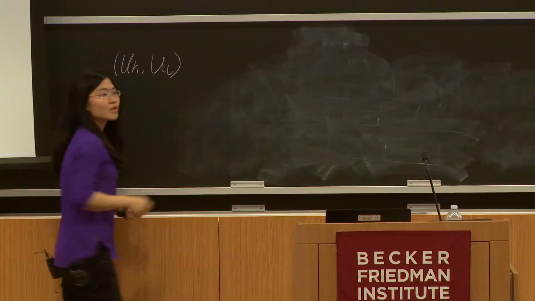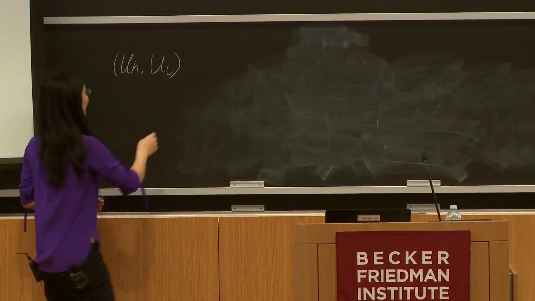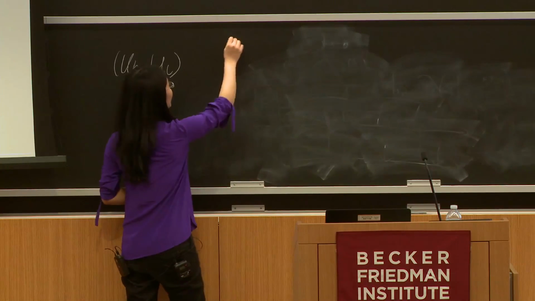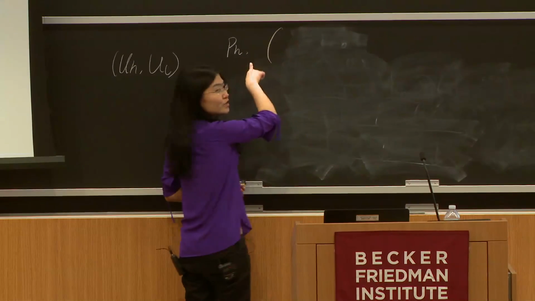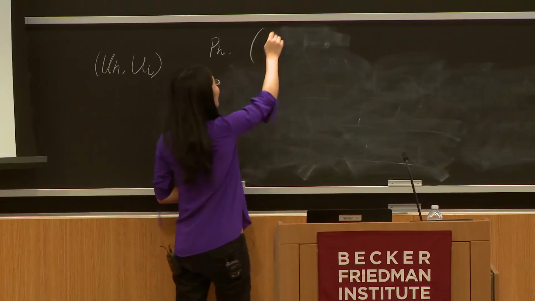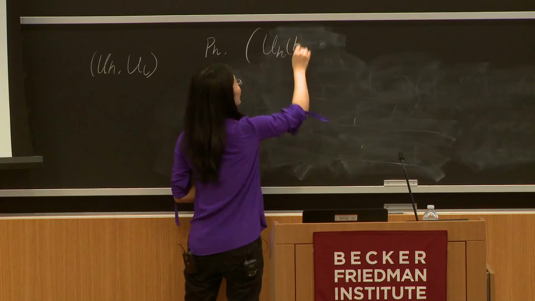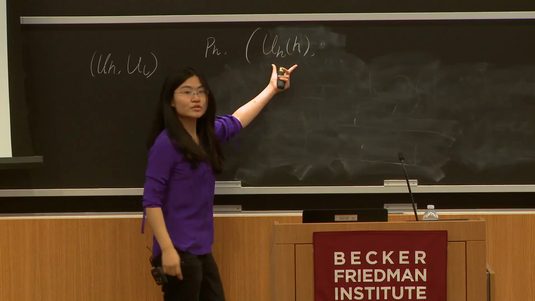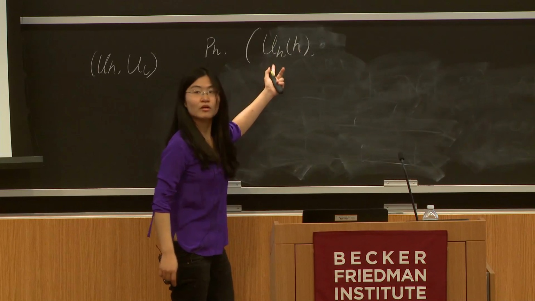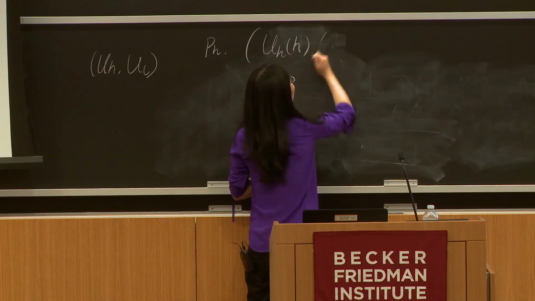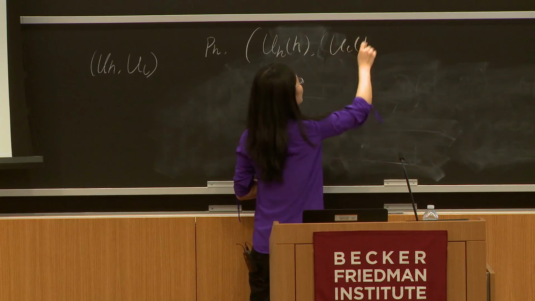So we started from UH, UL. This is the promised utility pair for the agent. And if the agent reports that his type is H, he will get PH, the probability of getting the good, and UHH. This is his promised utility from tomorrow on if he reports high tomorrow, and ULH.